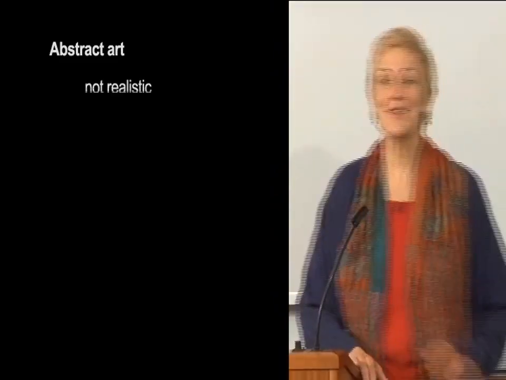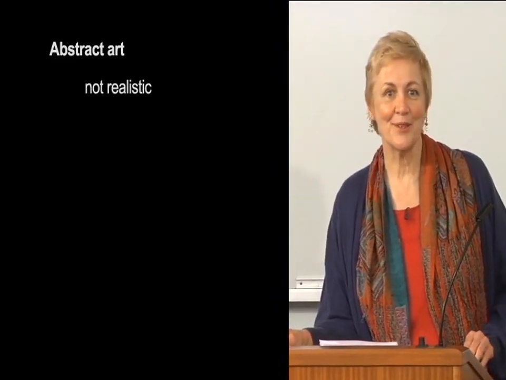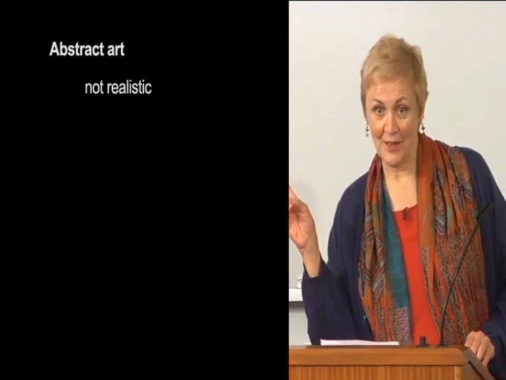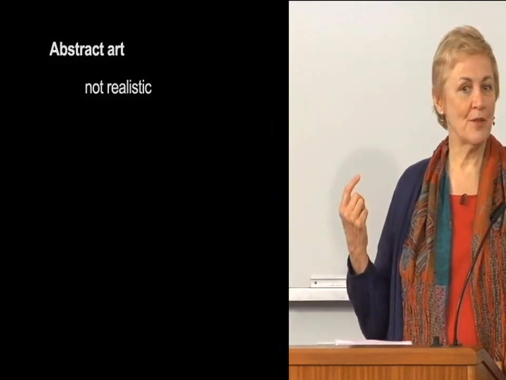So what exactly is abstract art? Basically, abstract art is art that's not realistic. It doesn't look like anything you see in the real world. There are two main categories of abstract art. The first is representational abstract art.